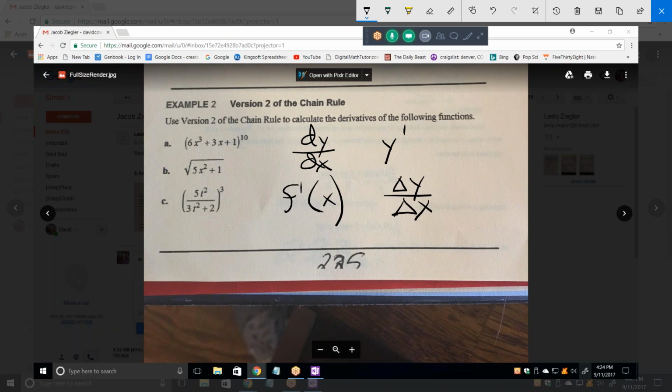But those all mean the same thing, but they have different levels of power. That does not tell you what you're differentiating with respect to. It doesn't say you're differentiating with respect to x or t or r. It doesn't tell you the variable.